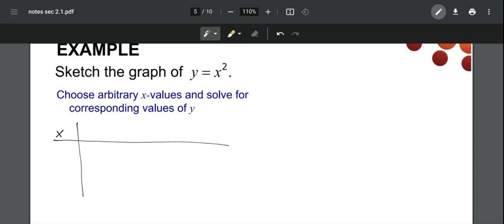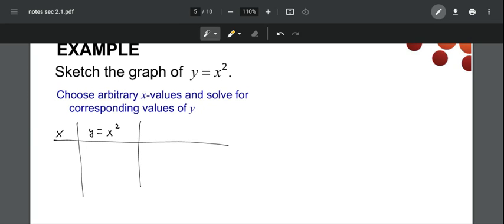That's why here in the blue I wrote that you have to choose an arbitrary x value and solve for the corresponding value of y. So x is the independent variable, y depends on x. So for x, we're going to select any number we want. To evaluate y, we need to substitute x and raise that value to the second power.